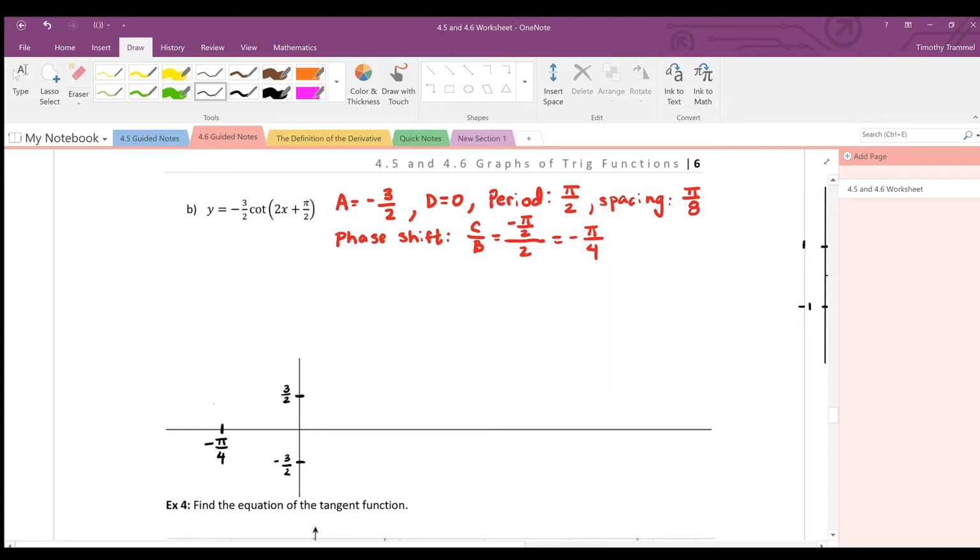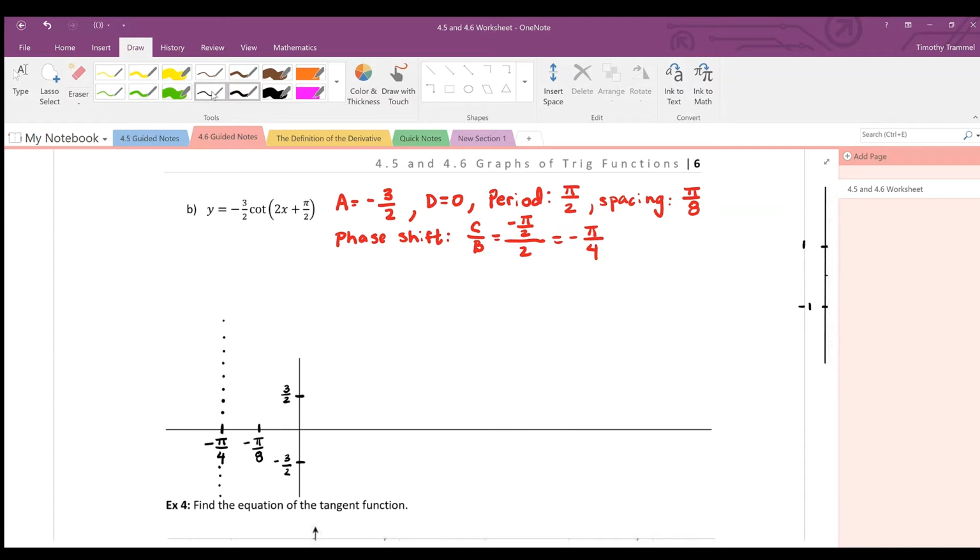And I wrote this kind of far over to the left because our spacing is by pi over 8, so I need to be able to fit in one more point here. This would be minus pi over 8. And I'm going to do exactly like I said. At minus pi over 4, this is where the asymptote is now, because we've scooted our graph pi over 4 units to the left.